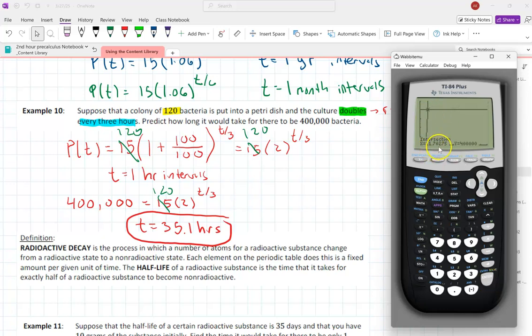We'd have 11.7. But remember, I have to take that answer and multiply it by 3 to get the total number of hours, which is the same 35.1 that we got here. So it's purely a matter of preference, but you have to be aware of what's going on. You know what I'm saying?